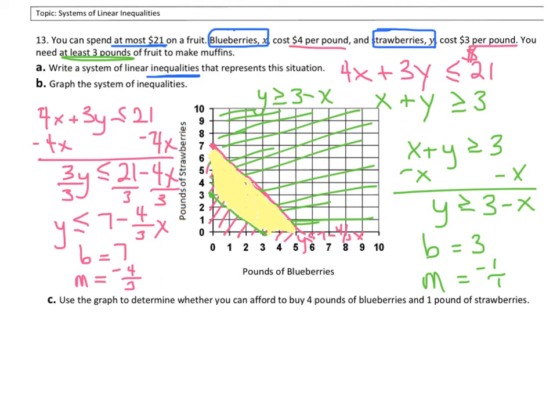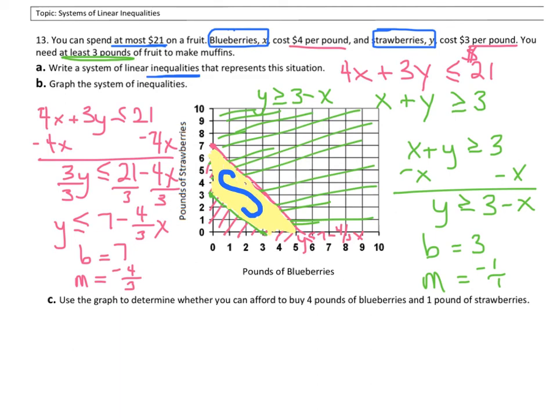It's nicer if you can do this on yours and you can use a highlighter or something so you can still see the grid. It's kind of tough because now it's hard for me to see the points, but I can still get a pretty good general idea that that right there is my solution zone. Any point in there will satisfy the solution for this system of inequalities.